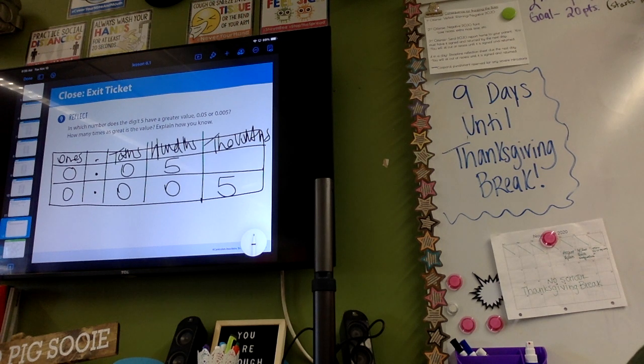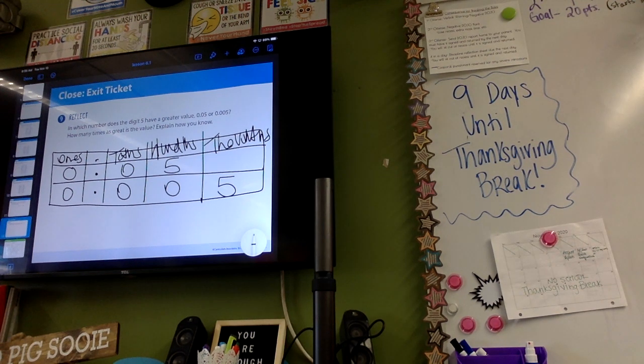We looked at comparing decimals up to hundredths. Now, remember, first step, look at my ones place. Can I compare those? Why not? Because they're both zeros. I can't compare zeros. Move over to my tenths place. Can I compare those? Why not? Because they're the same. They are both 0.